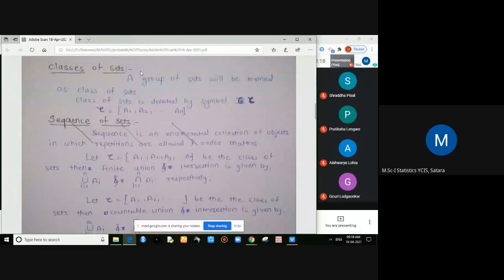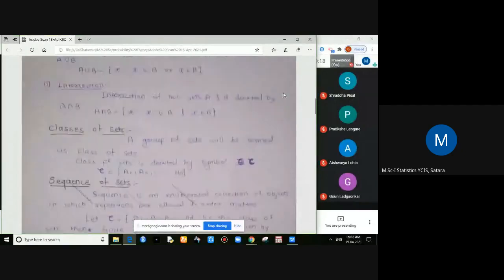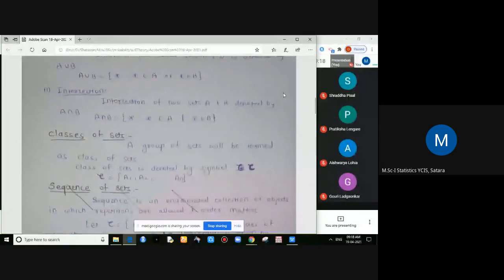Classes of sets. Class means what? Actually, a group of sets will be termed a class of sets. That means suppose you have some sets, and you collect all those sets into one set.